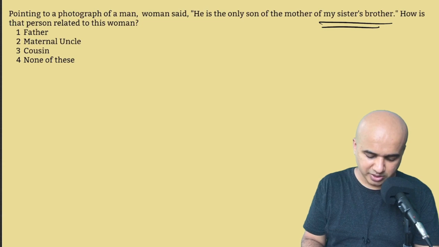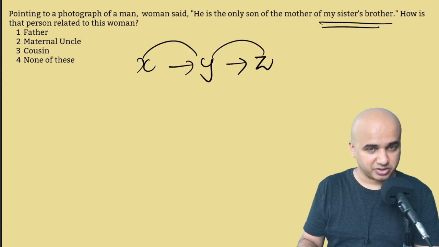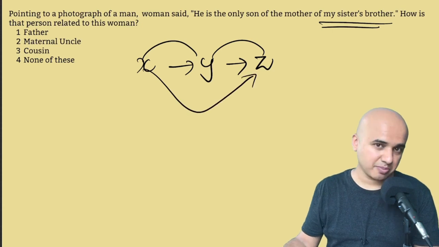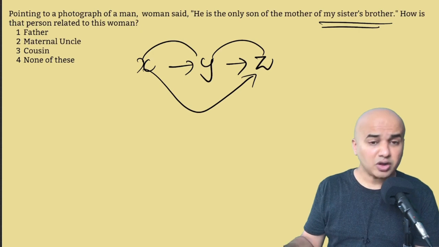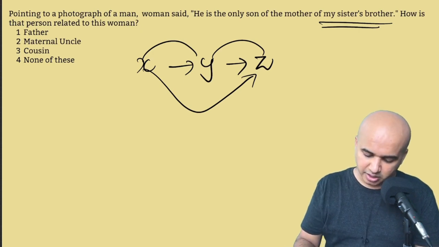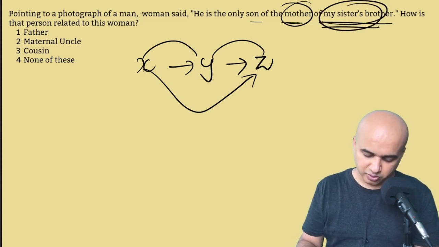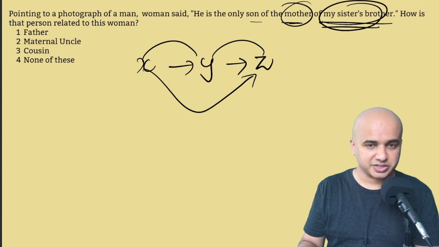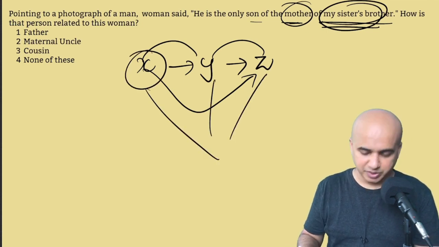Let's imagine this woman is X. X has a sister Y and Y has a brother Z. If X is Y's sister and Y has a brother Z, X also has the same brother Z. That is easily solved. Now let us come to the previous part. Son of the mother of my sister's brother. So sister's brother's mother is X's mother. They all have the same mother, let's say A.